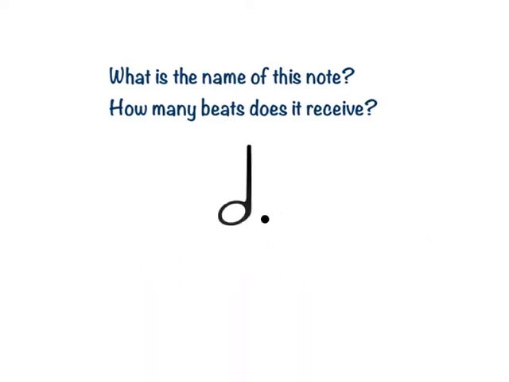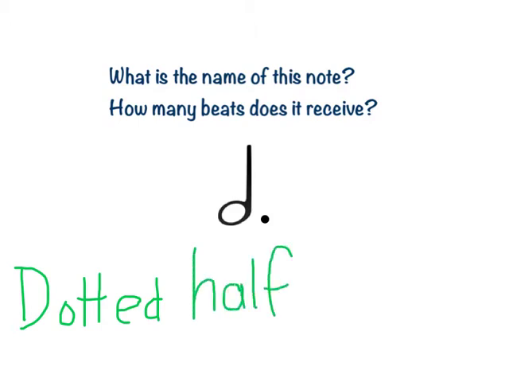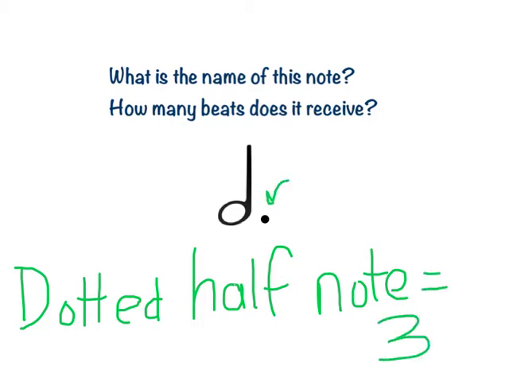What is the name of this note? How many beats does it receive? It's a dotted half note. Notice the dot. It's equal to 3 beats. If you guessed dotted half note, you are correct.